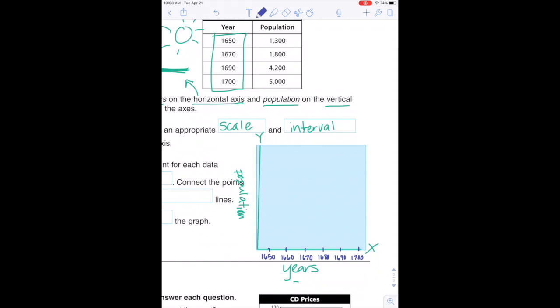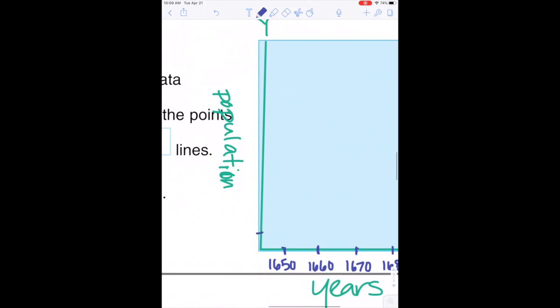Now we need to figure out the population. So we have to think of what could we count by that would help us go from 1,300 all the way to 5,000. So what I think we should count by is if we count by thousands. So right here then, I'm going to go up a little.